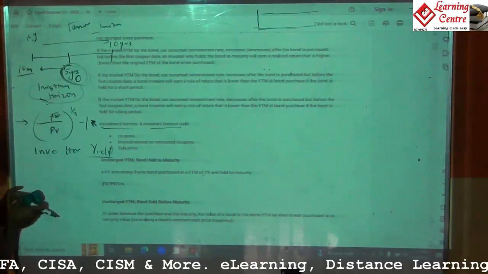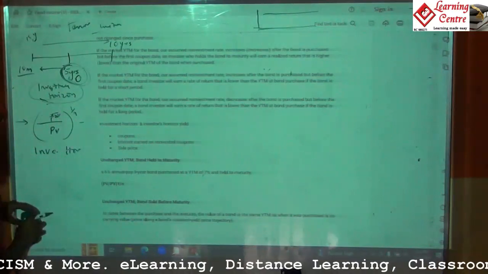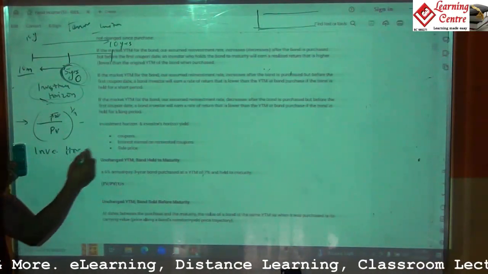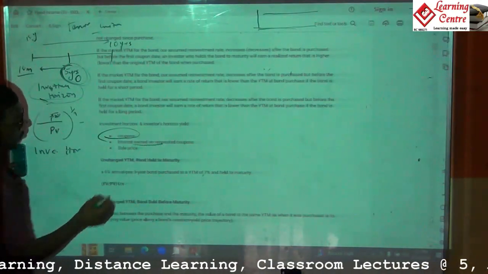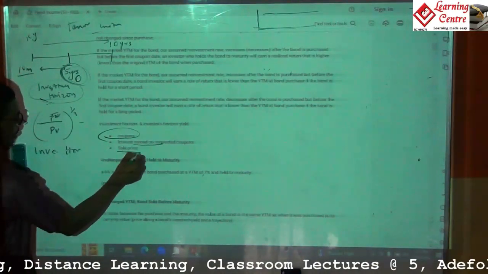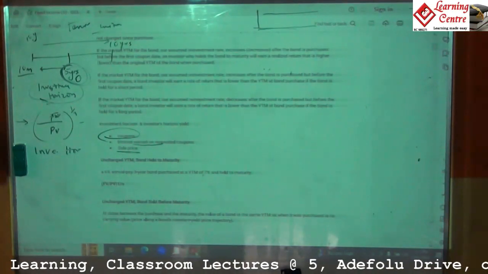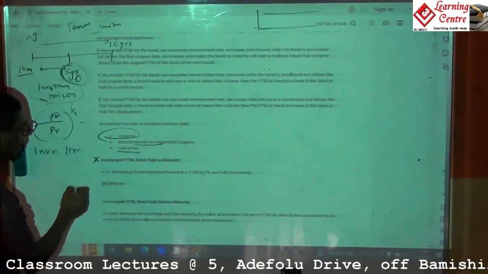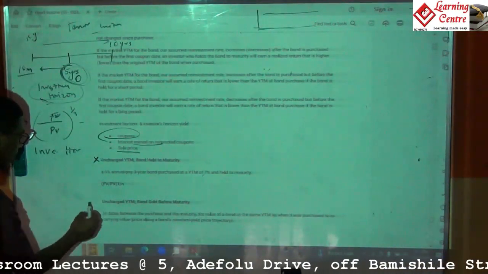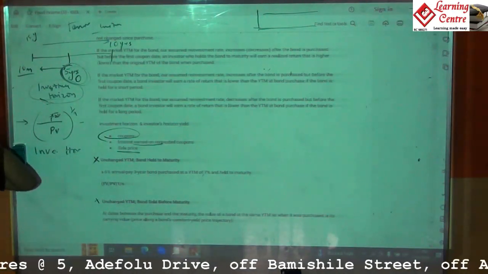And what I will now earn, the interest I had goes into the bond, and how much I sell the bond next year. Okay. So look at this unchanged yield. We have done this. Unchanged yield, one sale before maturity. We have done that.